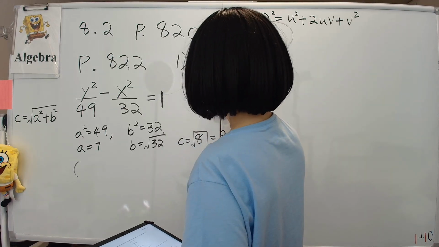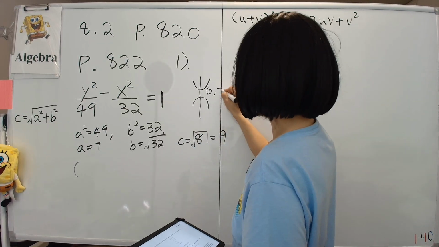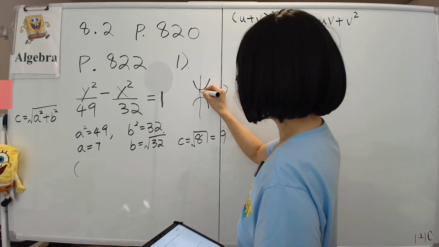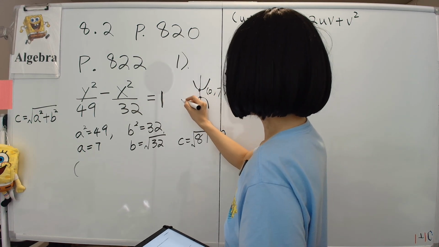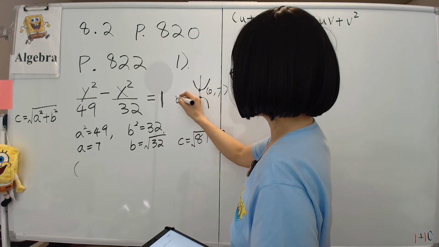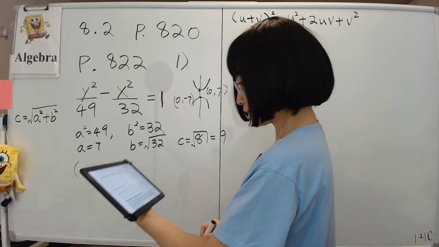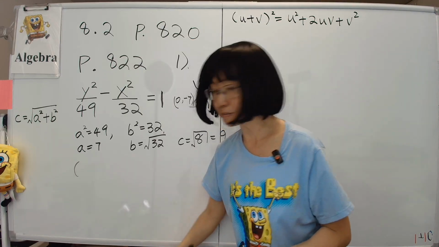So x will be 0, and a is 7, that's the top point right here. The bottom point is x is 0, and y is minus 7. And then c equals 9, and I guess that's all we have to do for example 1.